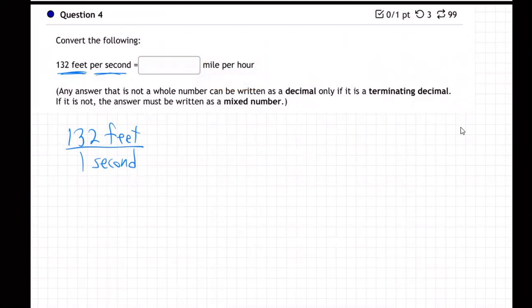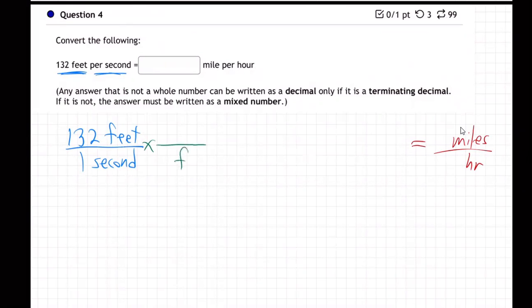So what we do is we put over here what we want in the end. We want miles per hour. So how are we going to do this? Well, we multiply the next fraction. So remember what we always do.